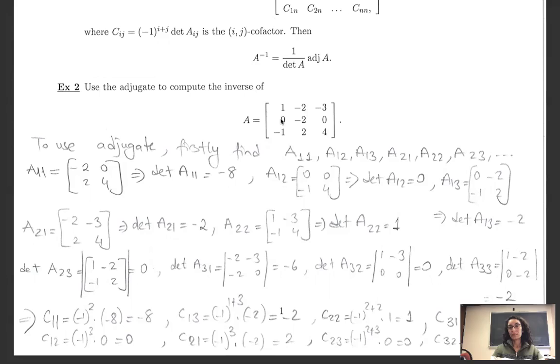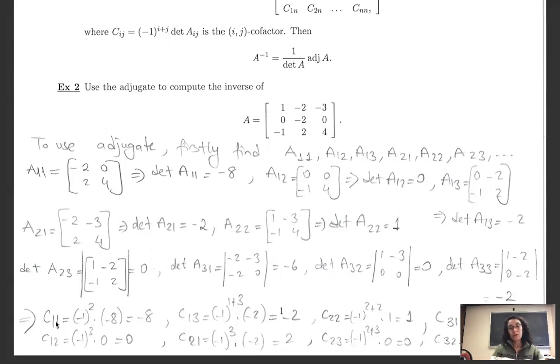Then the left matrix, this capital A12, will be 0, 0, minus 1, 4, and the determinant will be found like that. Similarly, you will find all the capital A matrices, the determinants of these submatrices.